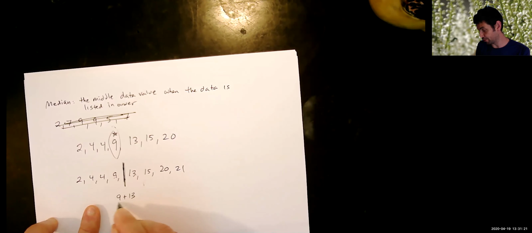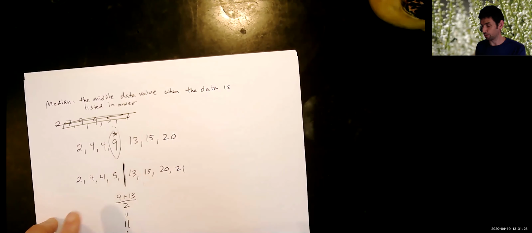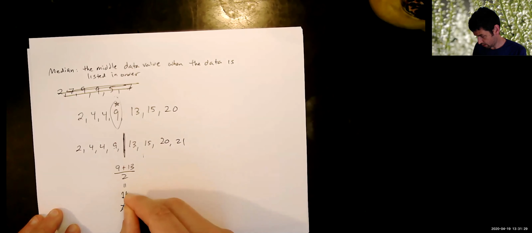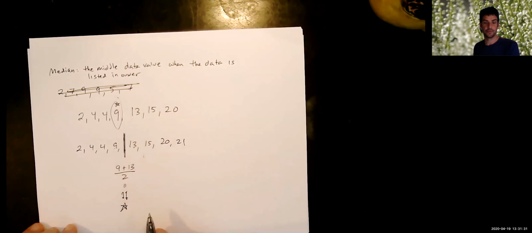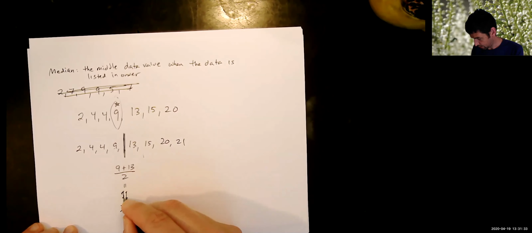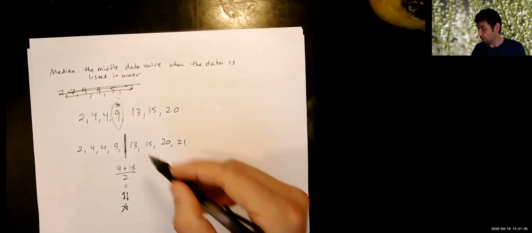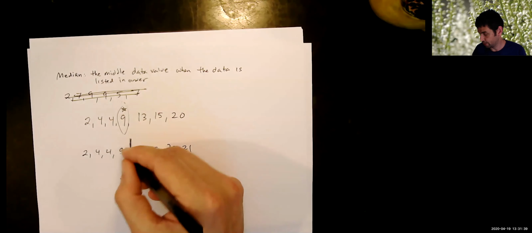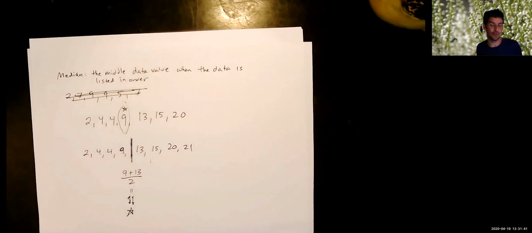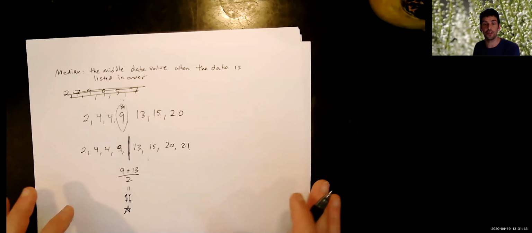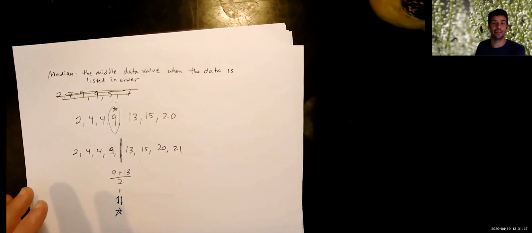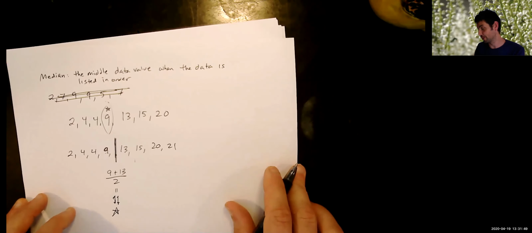So 9 plus 13 divided by 2 equals 11. And this will be my median. Okay. So it's the middle number with this little extra idea that if we are dealing with an even number of data, we have to take the mean of the middle 2 values, okay?